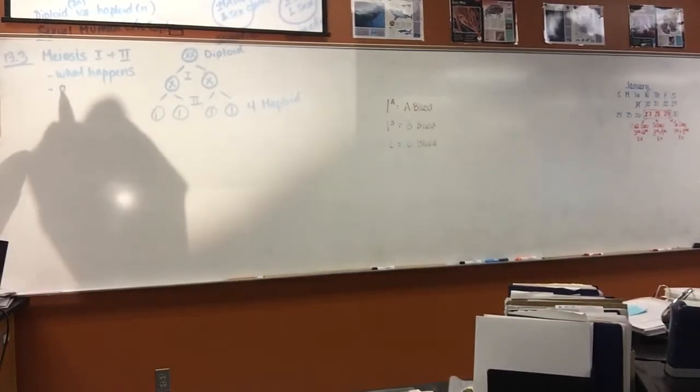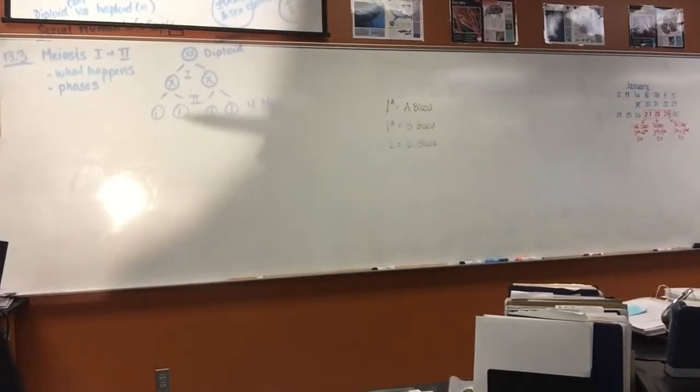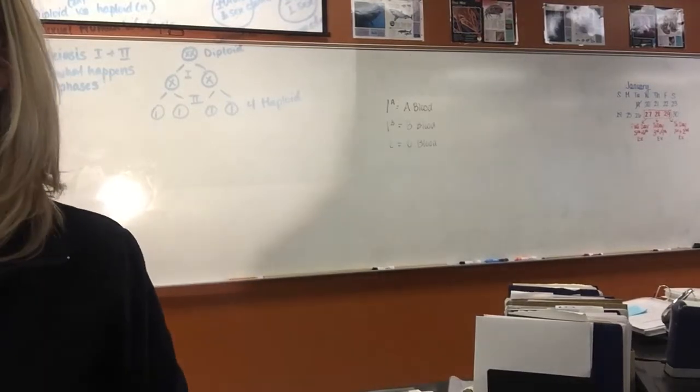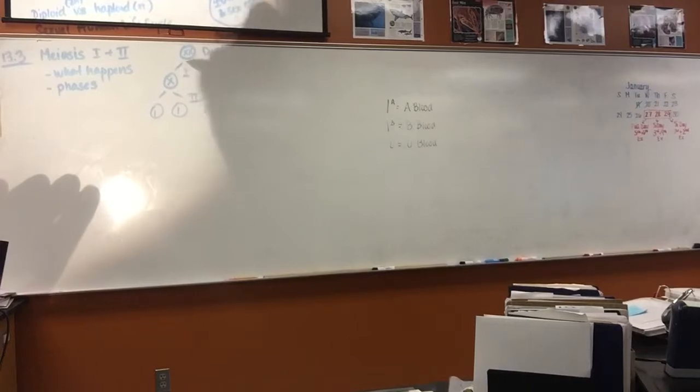Then also in meiosis there are phases, and in meiosis 1 and meiosis 2 there are the same phases, and they're the same as what happened in mitosis. So in meiosis 1, to go from 1 to 2 cells, we go through prophase, metaphase, anaphase, telophase, and then the cytokinesis where it splits into 2. That's all part of meiosis 1.